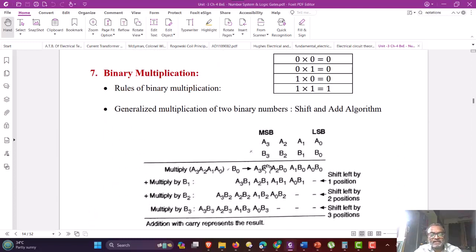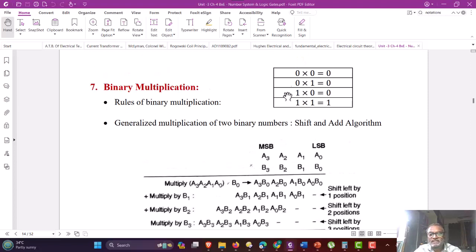The next arithmetic operation is binary multiplication. The rules of multiplication in binary are very simple. If two bits, say A and B, are to be multiplied, then 0 into 0 is 0, 0 into 1 is 0, 1 into 0 is 0, and 1 into 1 is 1.